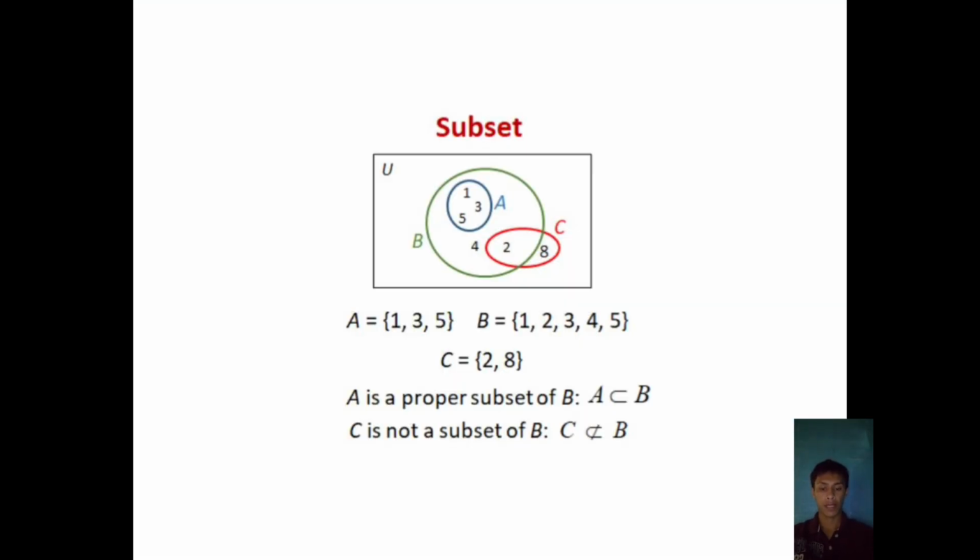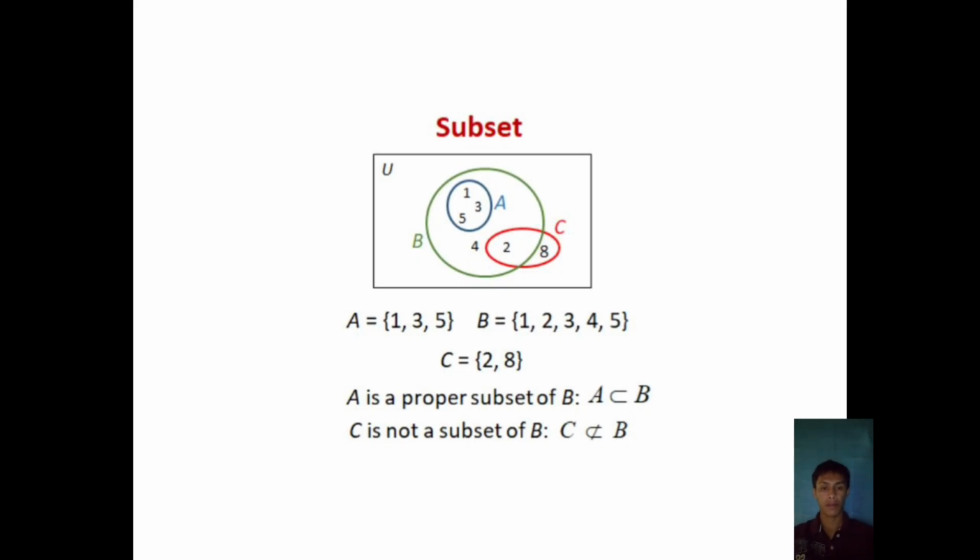Try to observe this Venn diagram. As you can see, there are three circles, and outside the three circles is a square. All numbers inside the square are included in the universal set. The big circle, colored green, is our set B, with the elements 1, 2, 3, 4, and 5.